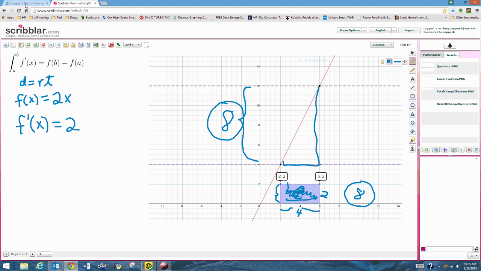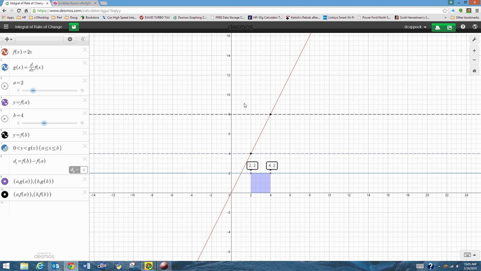Now I'm going to go to the Desmos graphing calculator and just show you where I got that picture from. Here's the original function f of x, which is this red line right here. The derivative of f of x is this blue line. And then I let a equal 2.